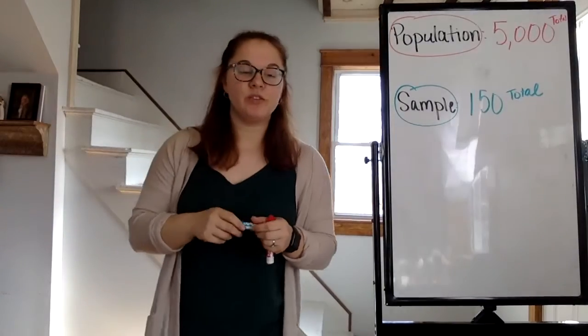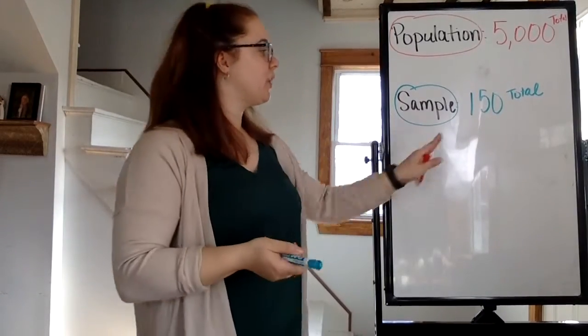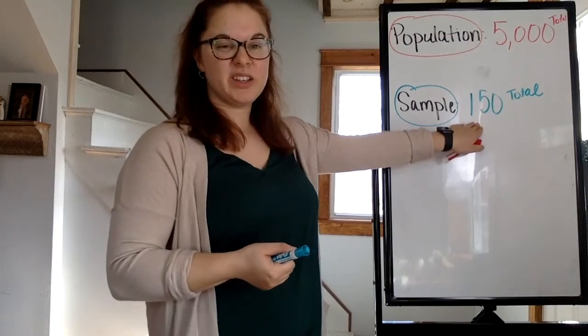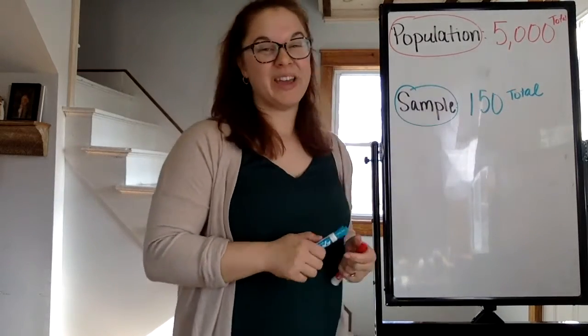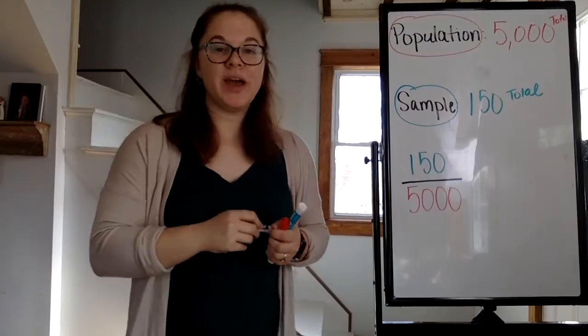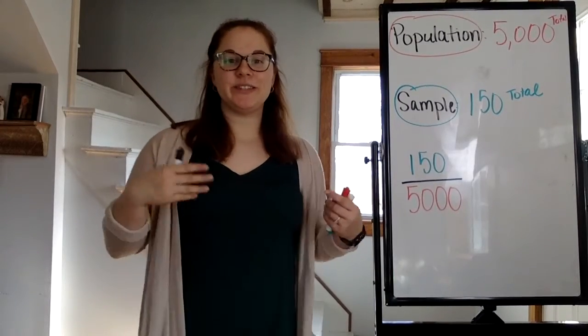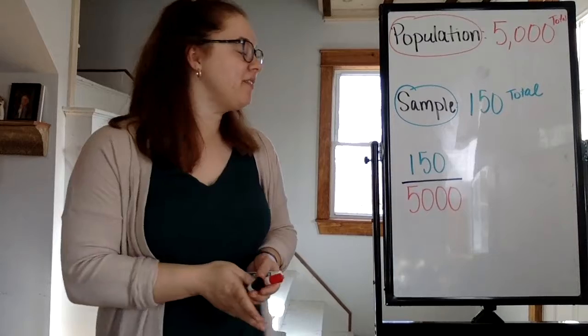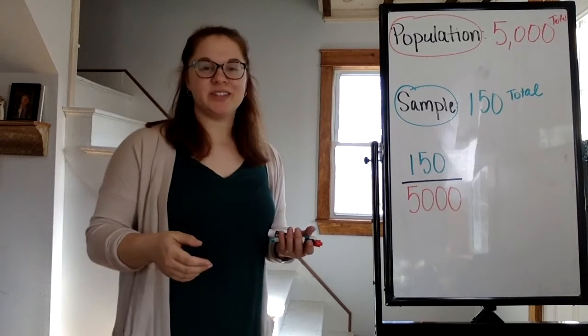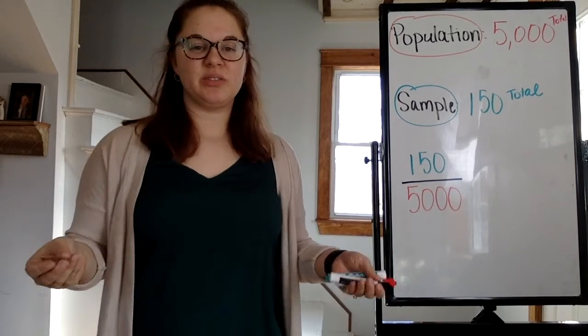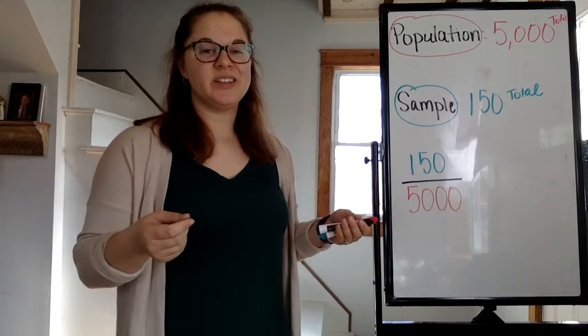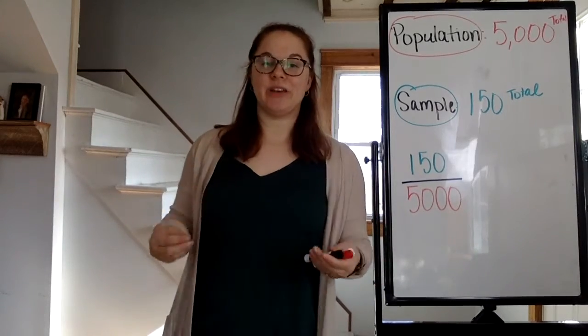So we're going to set up our first ratio where I took 150 out of the original 5,000 students. I asked those 150 students how much they sleep each night, and I found that 72 students surveyed said they sleep for 9 hours every night.